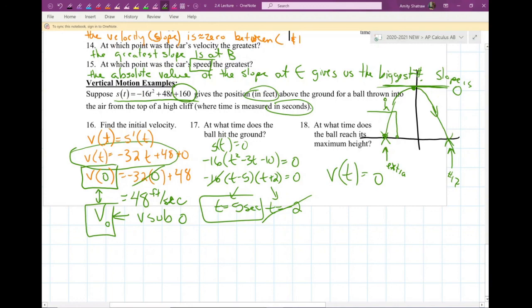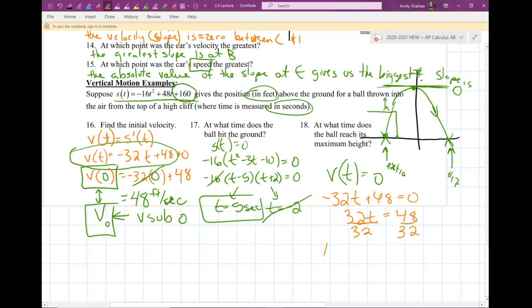So v of t was negative 32t plus 48. Negative 32t plus 48 is equal to 0. I'm going to add 32t to both sides, so I have 32t equals 48. Then I'm going to divide by 32.